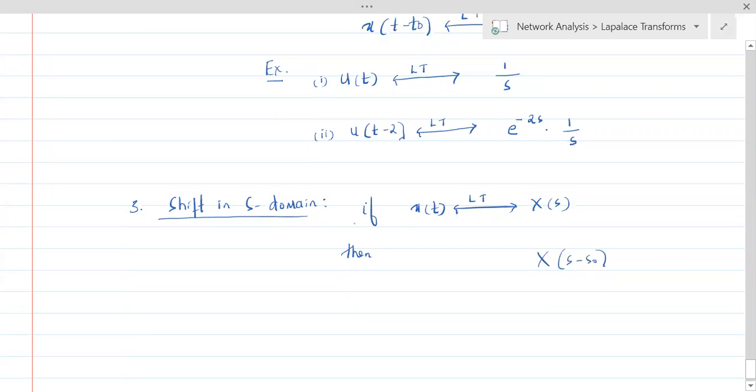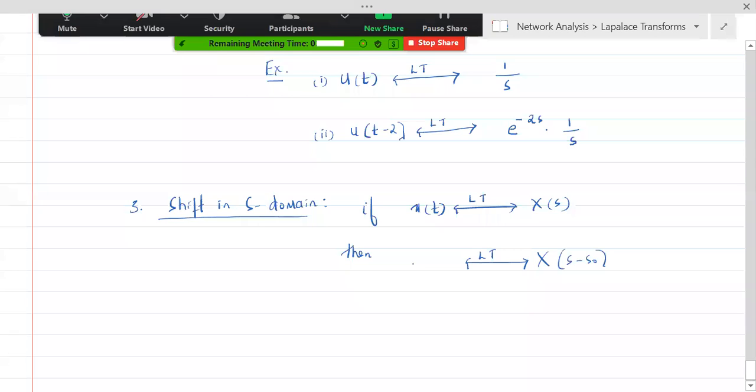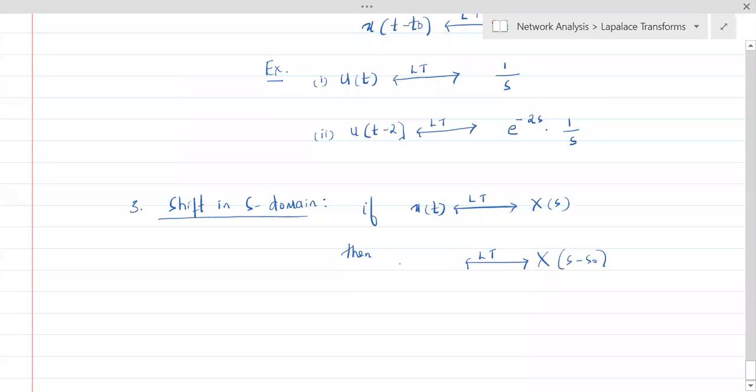If you have a shift like this in S domain, the question is what would be your time domain signal. The time domain signal would be x of t along with an exponential, e power S naught t.